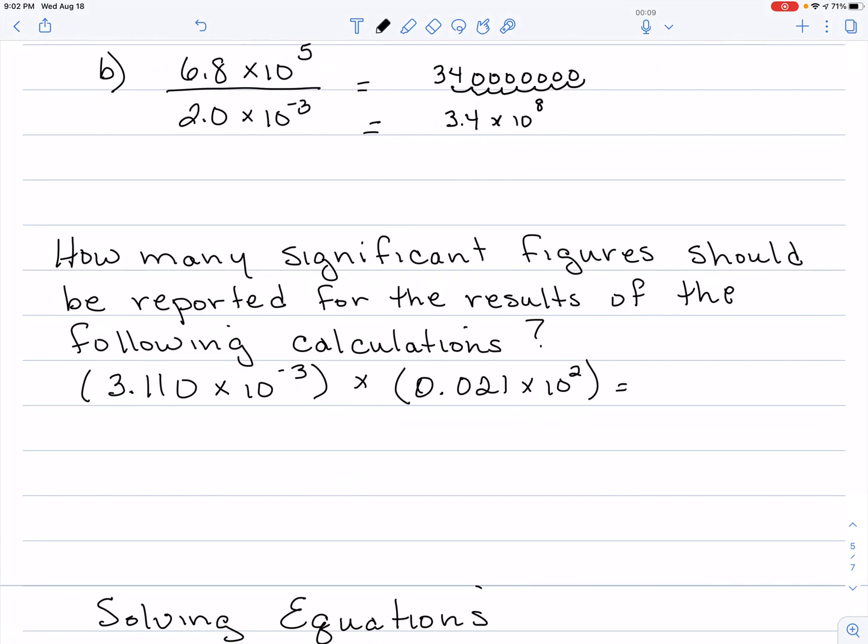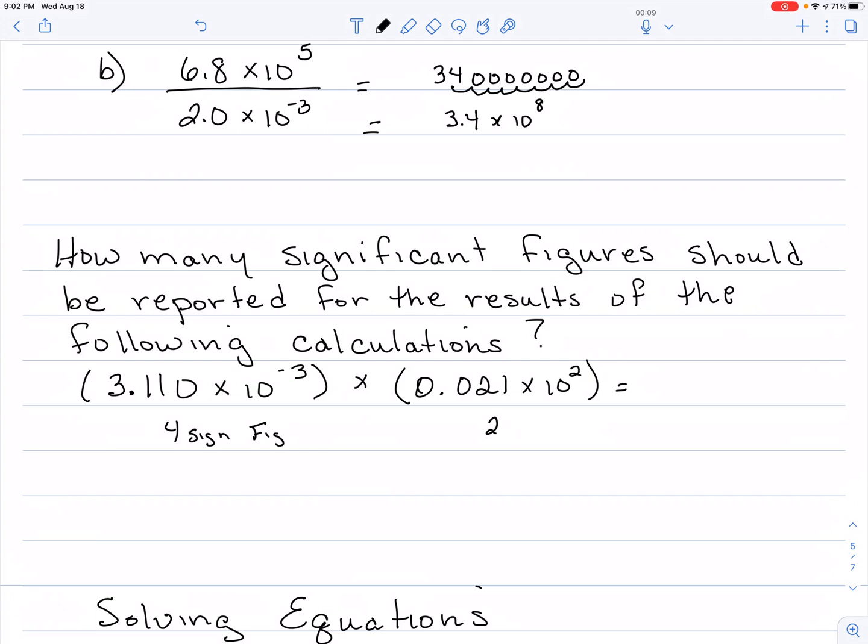Now in this one, you're asked how many significant figures should be reported for the results of the following calculations. Well, let's see. In this first value, we have 4 significant figures, because of this decimal place right there, the 3, the 1, 1, 0, all significant.